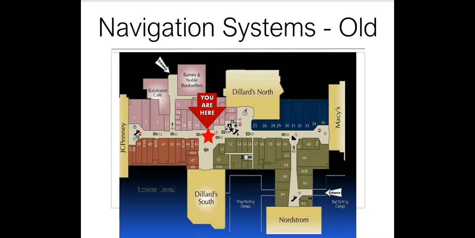In this particular case, this is clearly an American map, because some of the stores are not up here in Canada, but it doesn't give you individual details as to what the numbered stores are, though there may be a list underneath it. But anyways, the point of this is just to give you an idea: this is a classic mall map with a you-are-here pointer and star. This should be common to pretty much everybody in this room, I imagine.